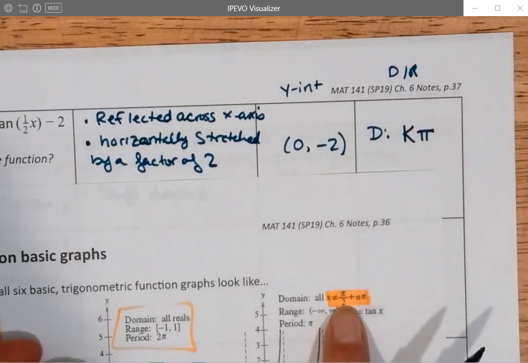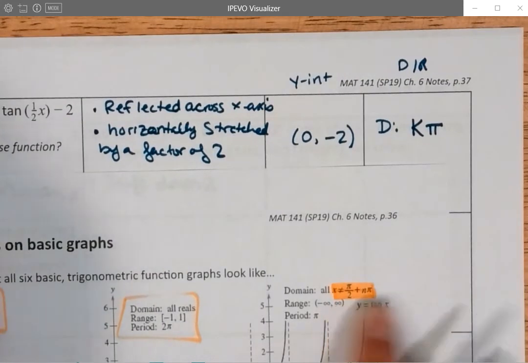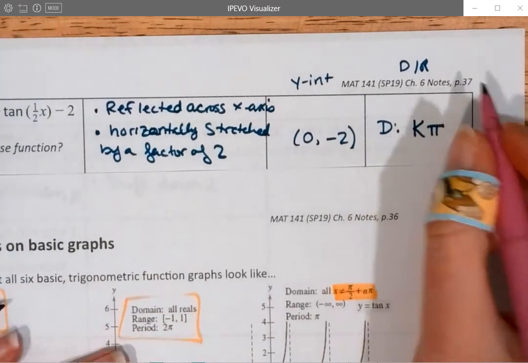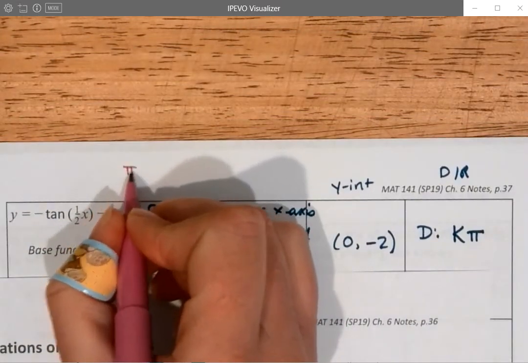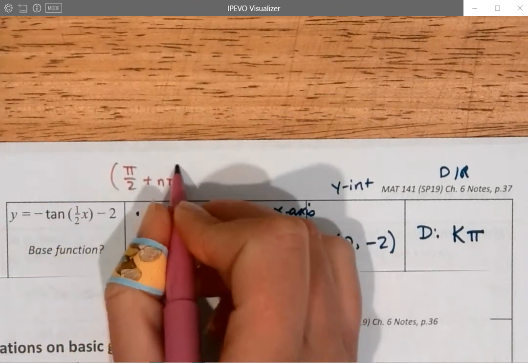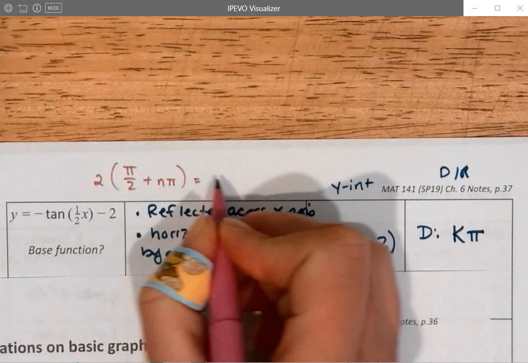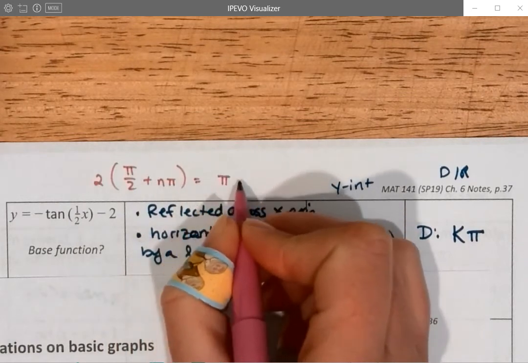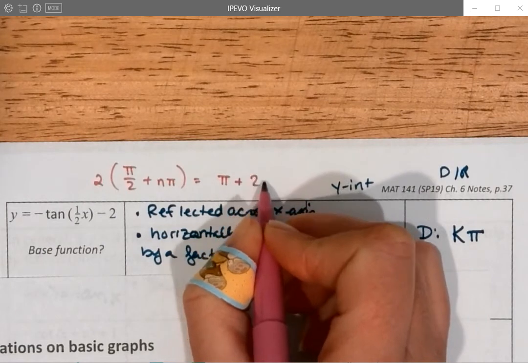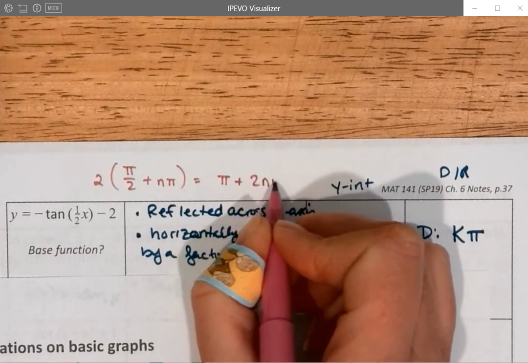So I could take the domain that I have right here and multiply it by 2 just to illustrate. I don't have a lot of room down here, so I'm going to do it up above. So they were originally at pi halves plus n pi, and we're going to double those. And so that's going to be pi plus 2n pi.